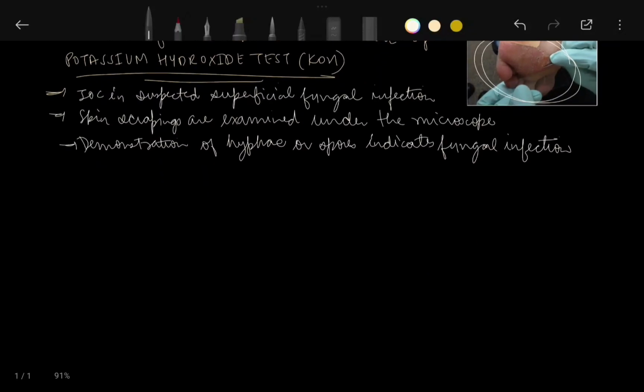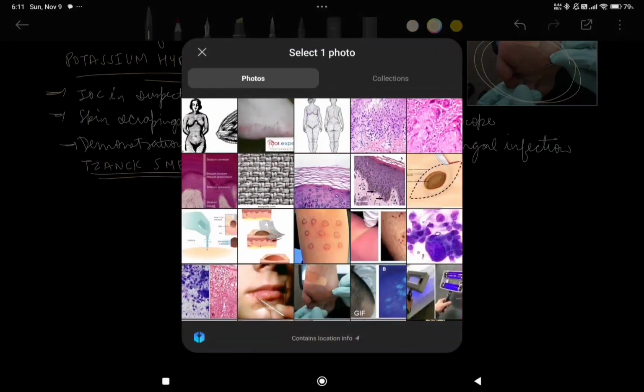After the potassium hydroxide test, we have the Tzanck smear. First of all, we had Wood's lamp, then potassium hydroxide test, then Tzanck smear.